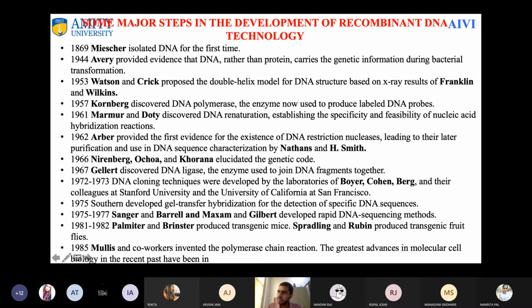Without the work of Kary Mullis, without acknowledging him, we would not be able to diagnose COVID. In simple words, the 1985 discovery of PCR was a breakthrough, and it is so advanced that in every type of molecular biology or life science technology, we are utilizing PCR.